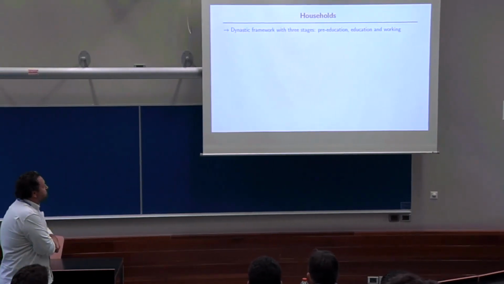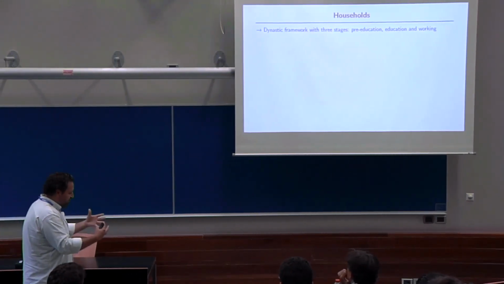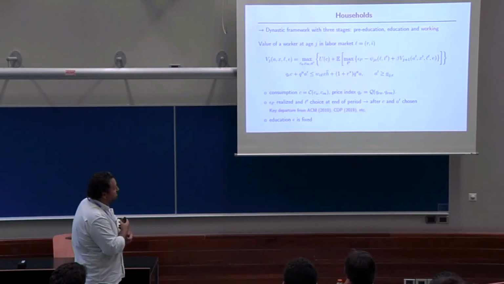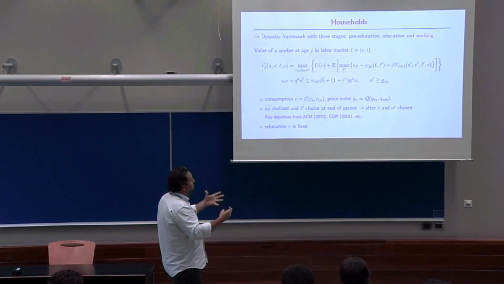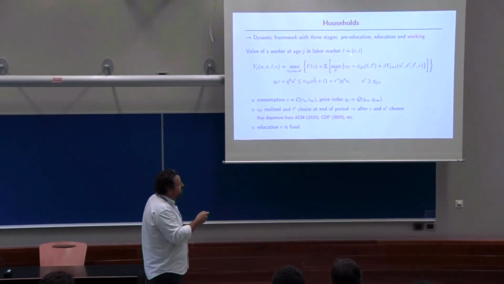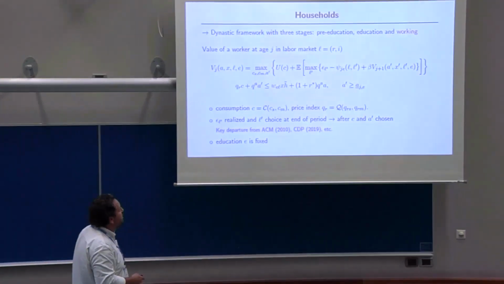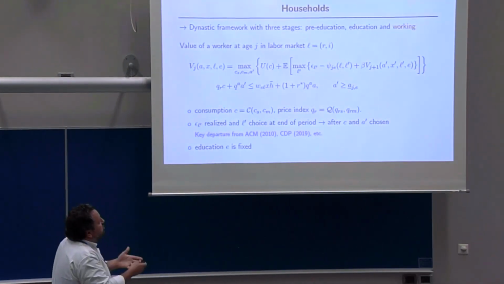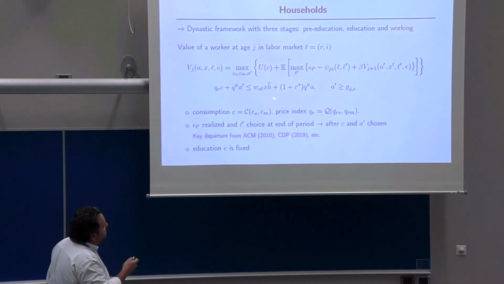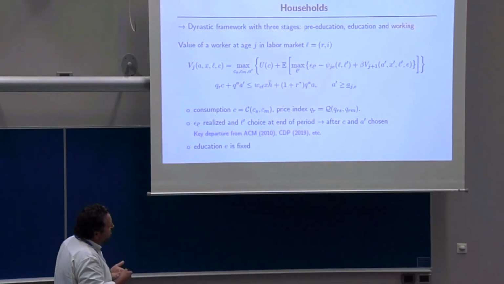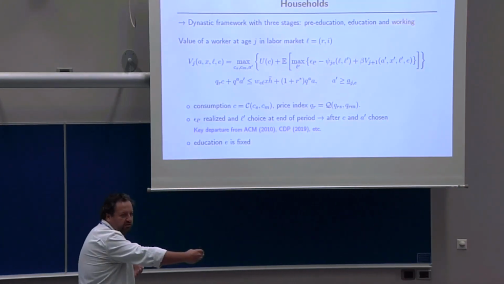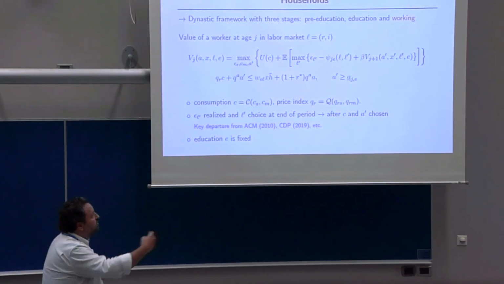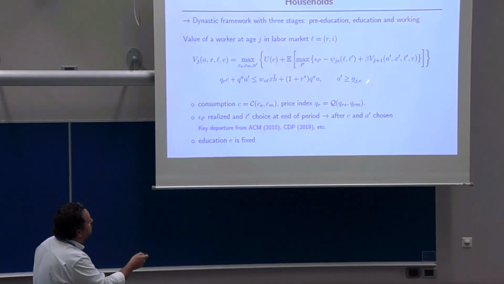Okay, households. As I said before, we have this dynastic framework with three different stages. Let me start with once you're a worker: the value of a worker of h, j in labor market l, which is, again, a region and an industry pair. They're going to choose consumption and savings to maximize today's utility of consumption and the expected value of moving, plus the continuation value tomorrow.